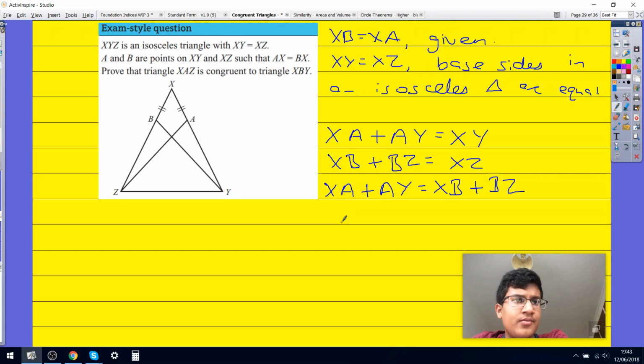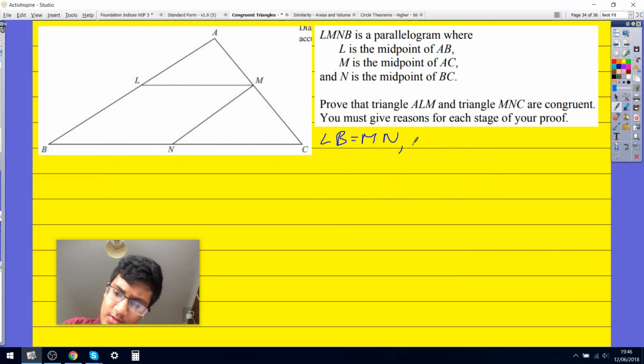Why is that? Oh no, that's not true. Okay, so you could say that side LB equals MN because opposite sides in a parallelogram are equal.